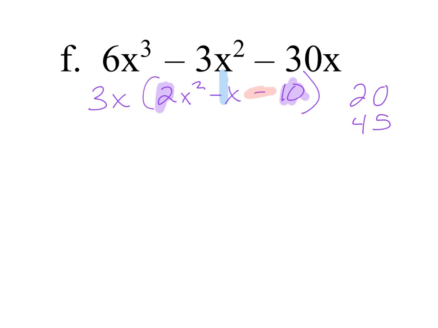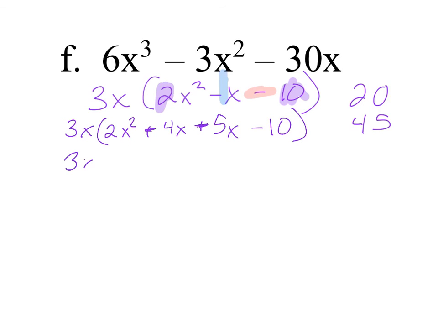So I have, don't forget my 3x on the outside, 2x squared minus 4x plus 4x minus 5x minus 10. Keeping my 3x.